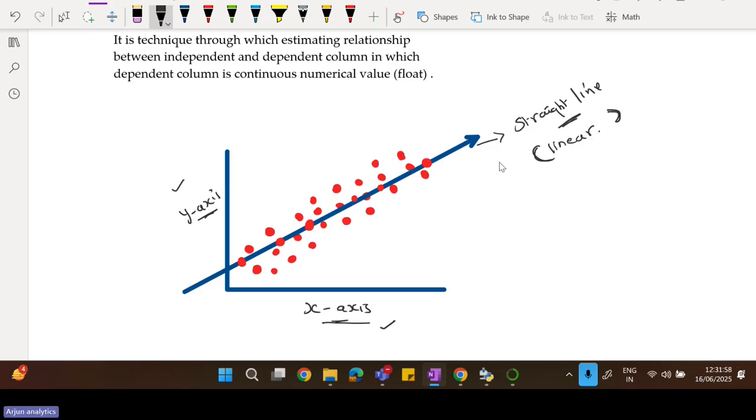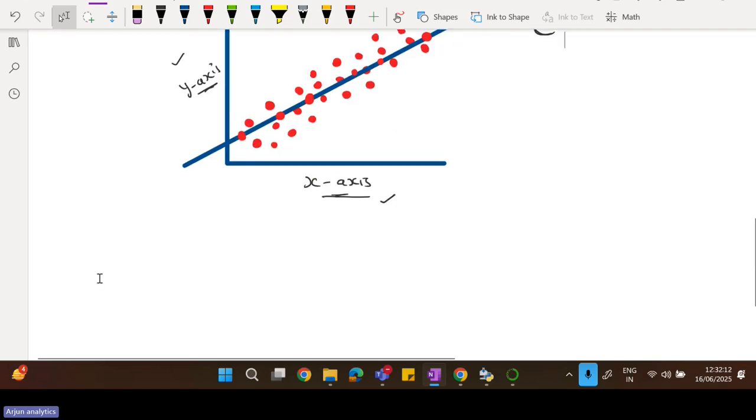So we are finding the relationship between independent and dependent column by drawing a straight line. This is nothing but called linear, so we can call this process linear regression.